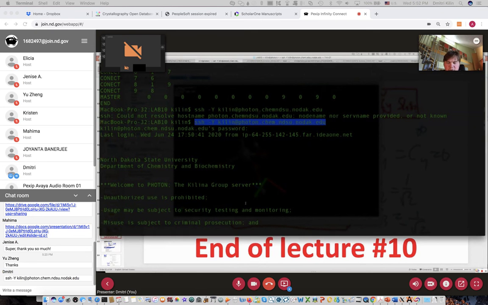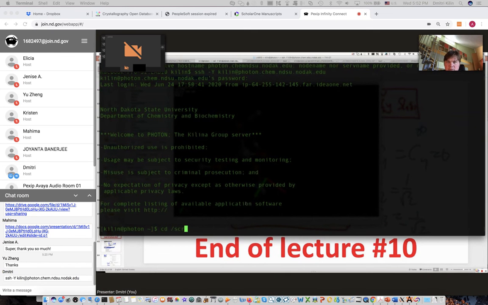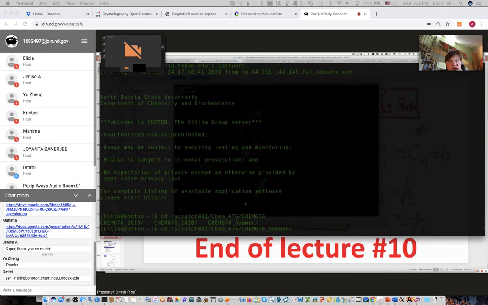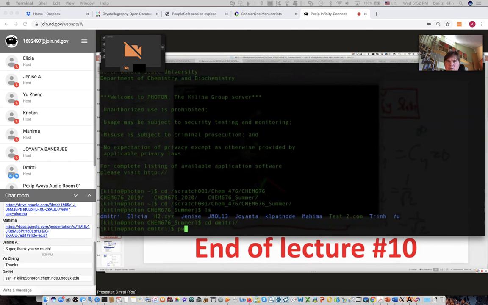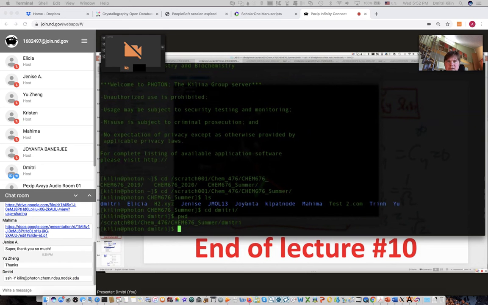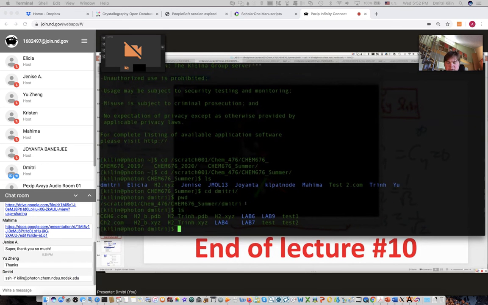Now I'm going to the directory which is assigned on this server for our exercises, and to my subdirectory. I use pwd to check where it is, and ls to check the directory.